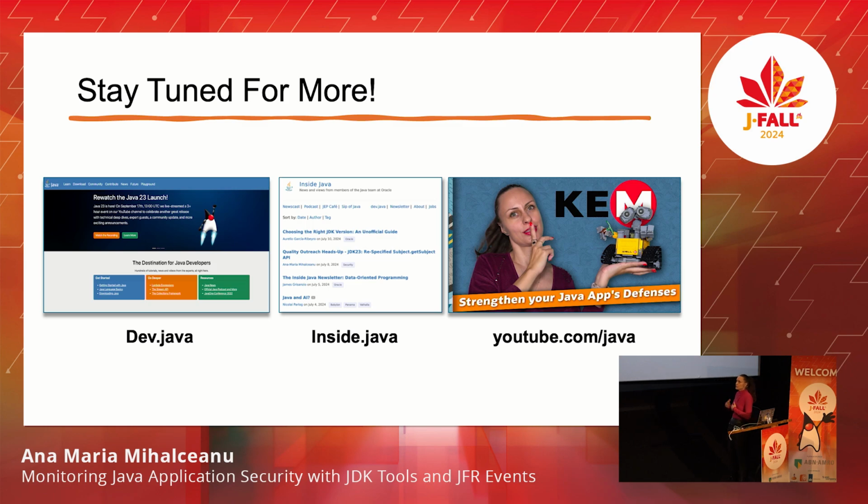But we also want to keep you updated with the latest going on in Java. So that's inside.java. That's where you can read some research, some very interesting articles on what's going on with Java computation processing and its influence on AI, which was a recent article that one of my colleagues wrote there. We also have videos on YouTube, so we're also publishing videos on security and other topics related to Java as well.